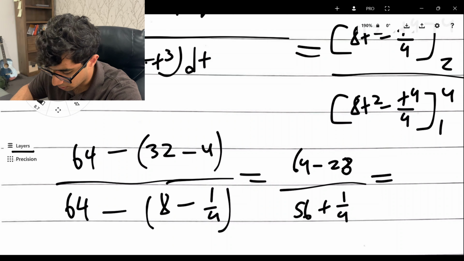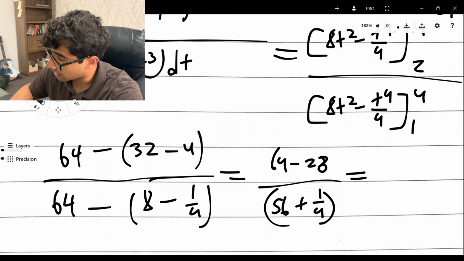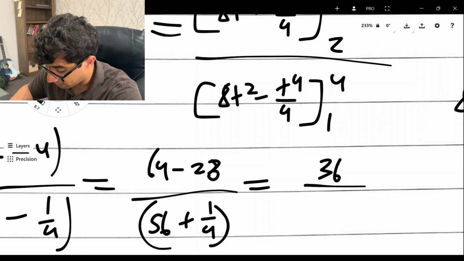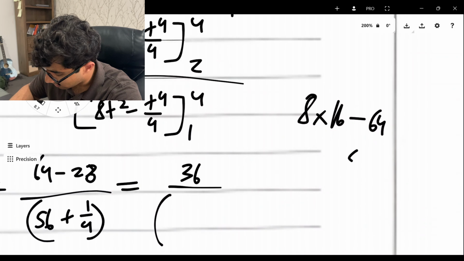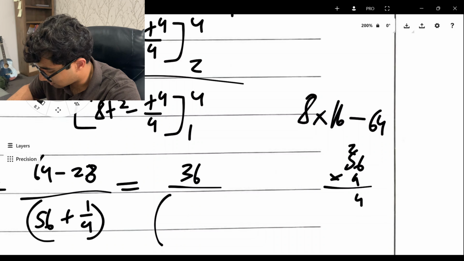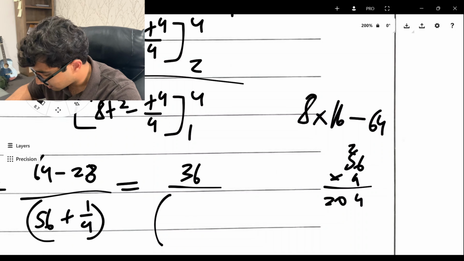So 64 minus 28, I can say that's 36, and then that's divided by 56 plus 1 over 4. So 56 times 4, this is literally how I'm doing it, just to be safe. Should be 200. Does it make sense? No, it doesn't make sense.